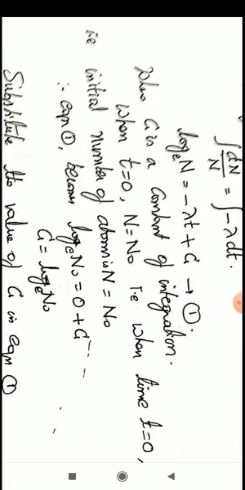That means the initial number of atoms is equal to n0, and after time t, the number of atoms is equal to n. Therefore, equation 1 becomes log n0 base e is equal to 0 plus c, or c is equal to log e n0.